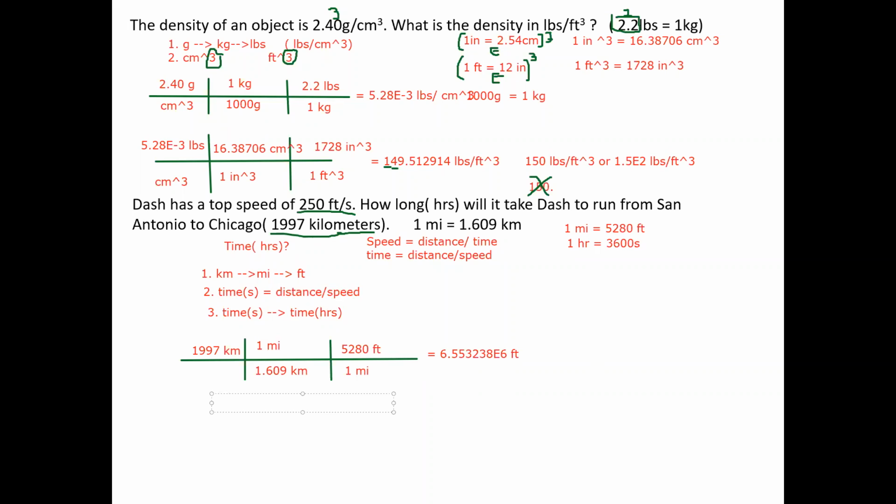So step two, time in seconds equals distance divided by speed. And this will give us how many seconds it takes.